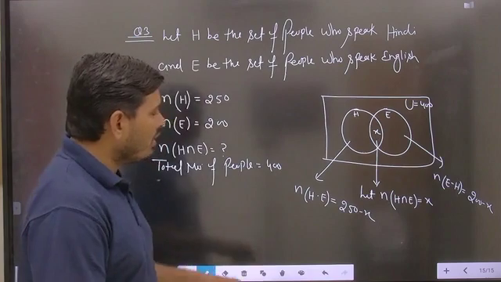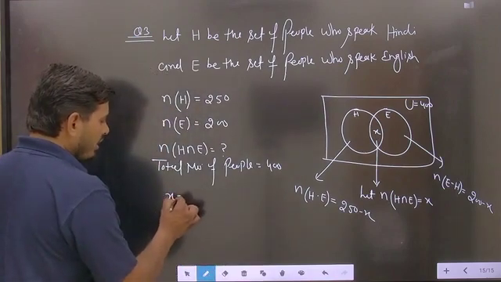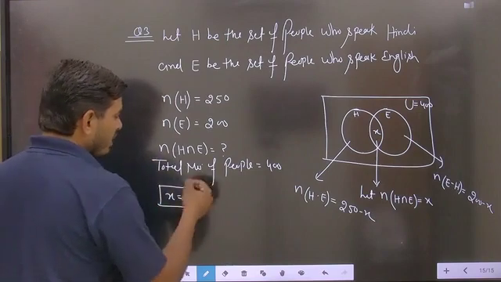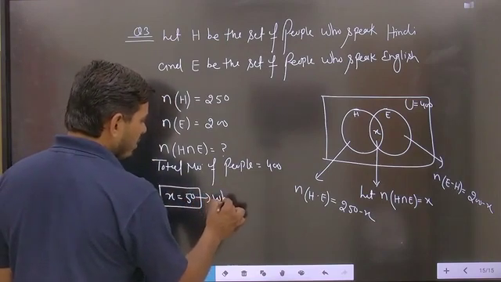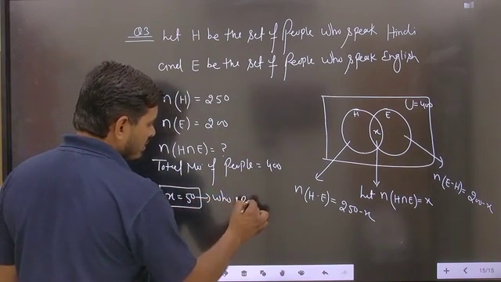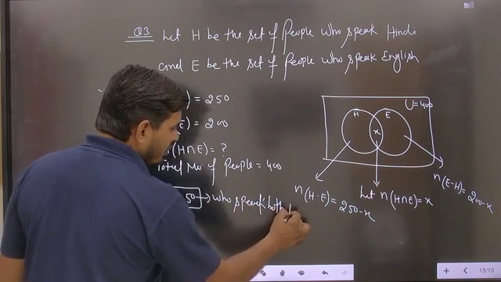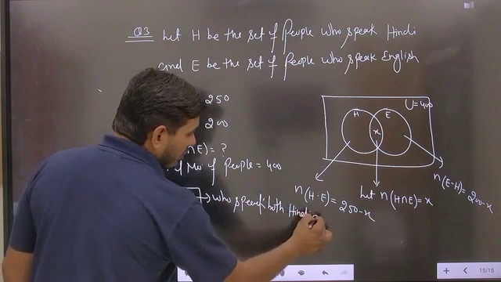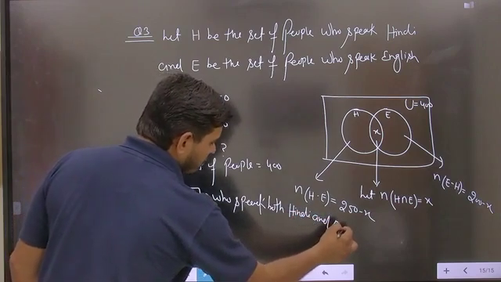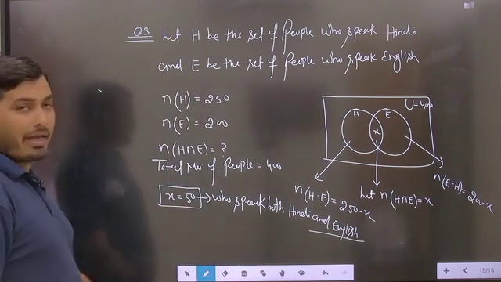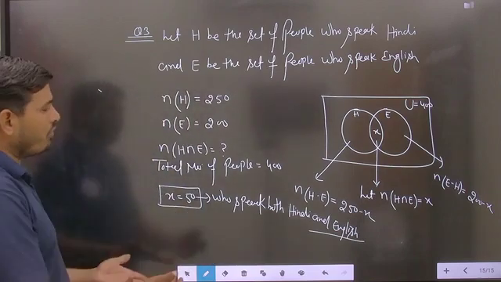So student, here you can easily say that the value of x equals 50, meaning the persons who speak both Hindi and English. Is it clear? So easily with the help of a Venn diagram you can understand this answer, x equals 50, or you can use the formula also.